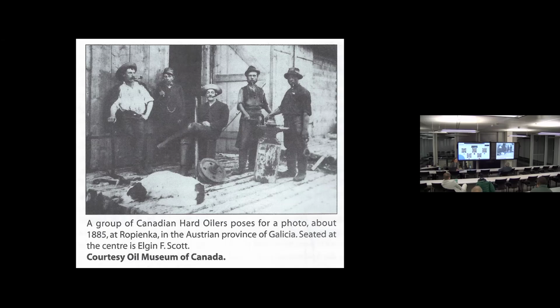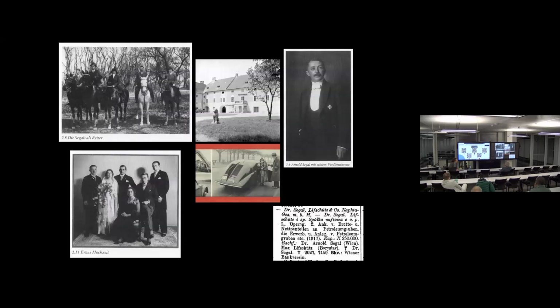Canadians were among the first drillers, and these people went all over the world and also came to Galicia, built tennis courts there, made a lot of cool business. And in some of the next stories we will also follow a Canadian family that ended up here in Vienna. So already a big international business.